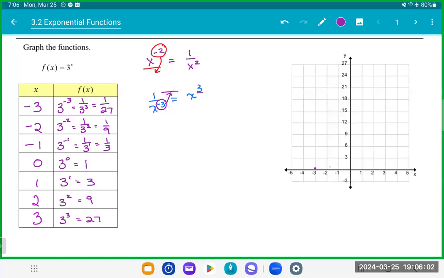So -2 is 1/9. -1 is 1/3. 0 is 1. 1 is 3. 2 is 9. And 3 is 27.